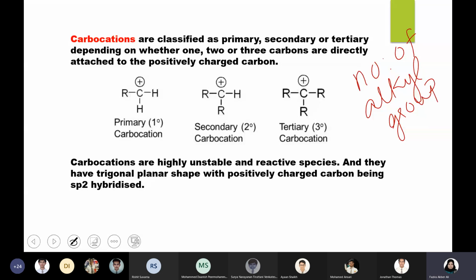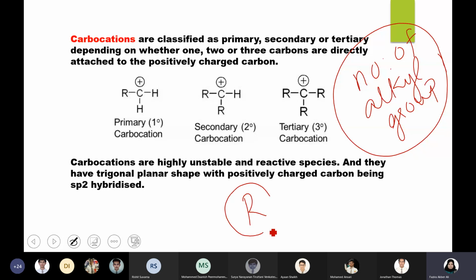At that time we discussed what an alkyl group is. An alkyl group is represented with the letter R, which is a very common usage in the representation of organic compounds. R means alkyl group. Alkyl group means a normal saturated hydrocarbon, that is, an alkane. When this alkane comes as a branch on carbon, we call it alkyl.